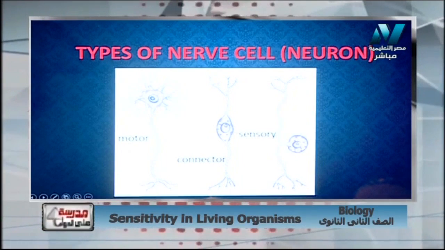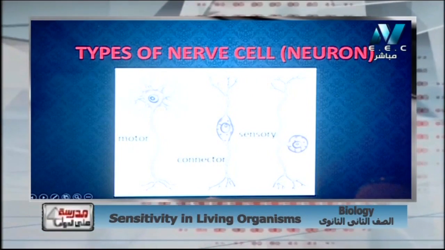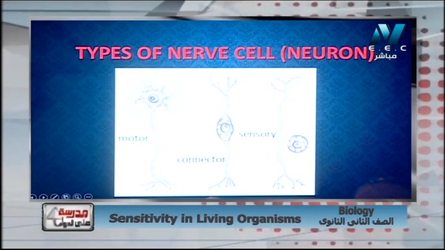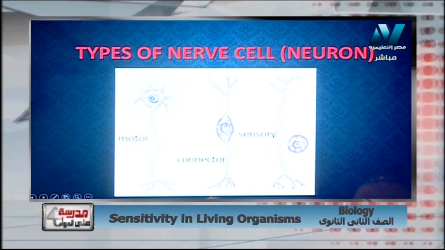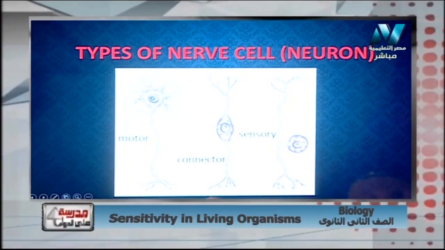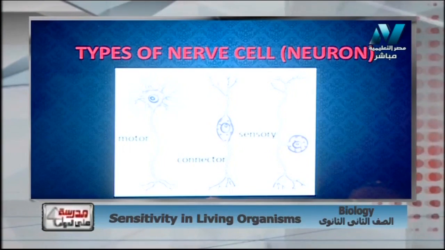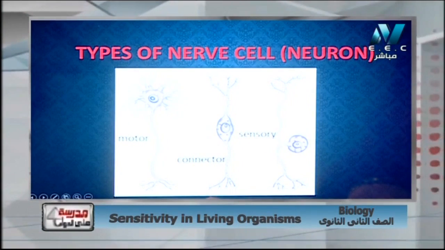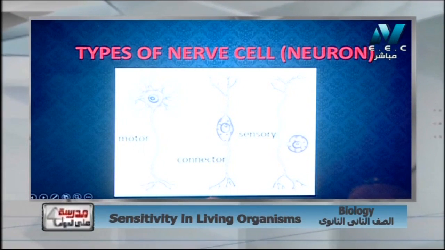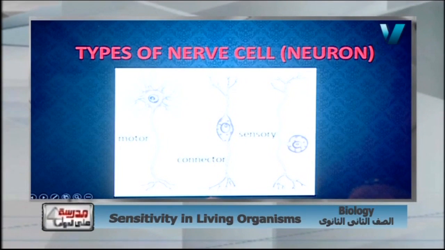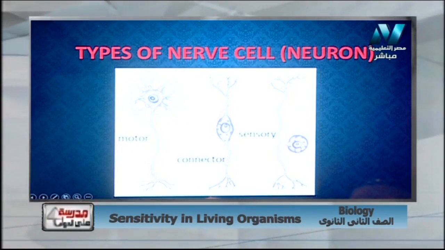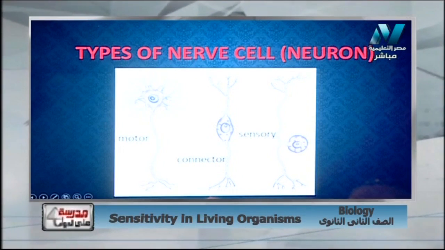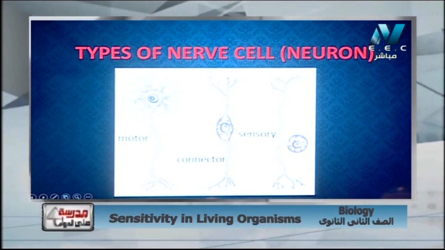It receives stimuli from the sensory organs or the nerve endings and transmits the nerve impulses to the brain or spinal cord, and the motor neurons bring the nerve impulses from the brain and spinal cord towards the effector or the target organ.